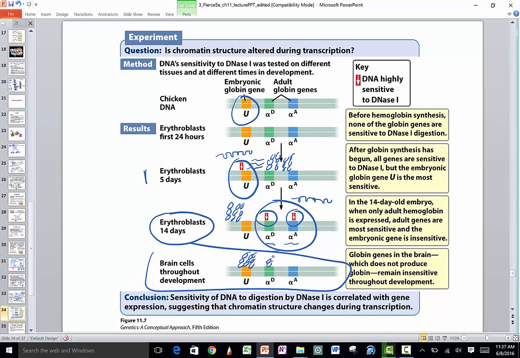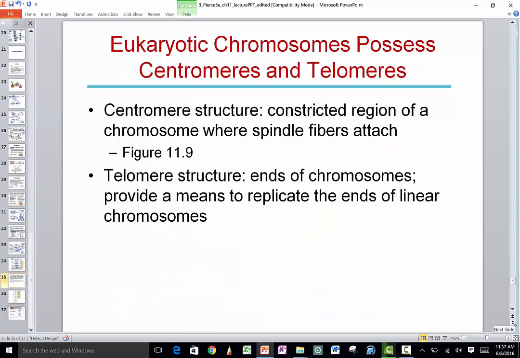So there are no hypersensitive sites in the brain cells. When you first look at that, it was pretty confusing, but hopefully it's okay.